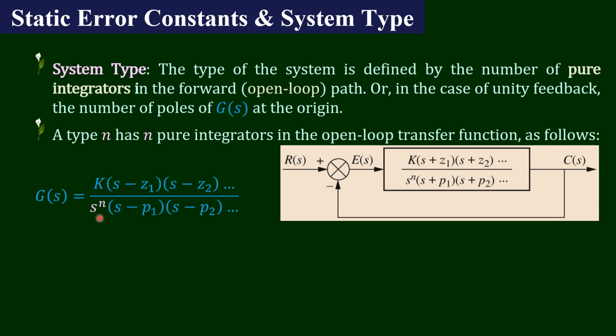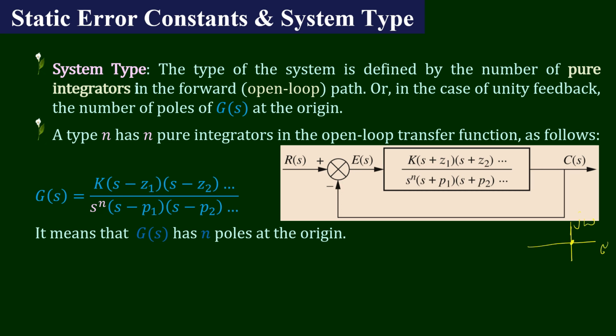So G of s has n poles at the origin, because each is an integrator. In the s plane, with j omega and sigma axes, the number of poles at the origin is n. But of course you always have to determine that the closed loop is stable.